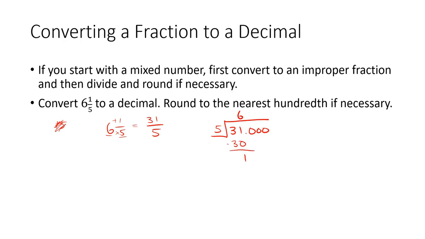We subtract. 5 goes into 10 2 times. 2 times 5 is 10. We're left with no remainder here. And so 6 1/5 is equal to 6.2.